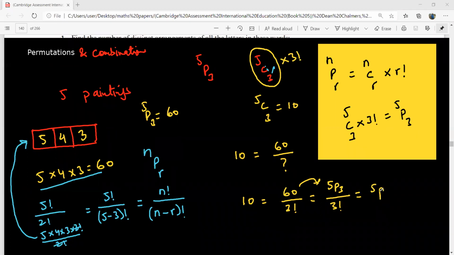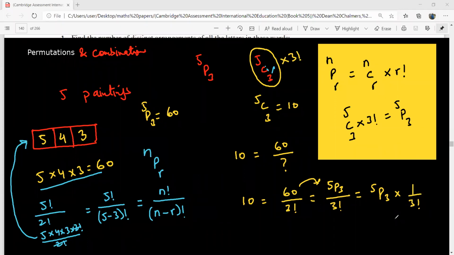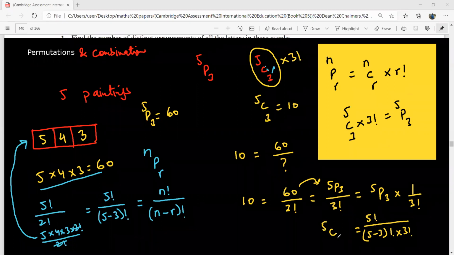Can I write it as 5P3 times 1 over 3 factorial? Now this 5P3 is basically 5 factorial over 5 minus 3 factorial, times 1 over 3 factorial. So this is going to be equal to 5C3.